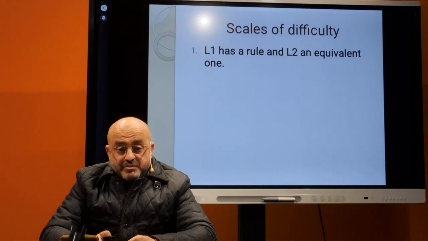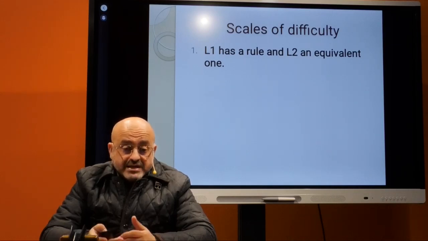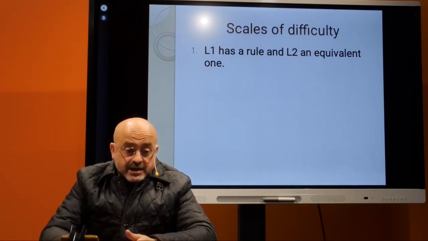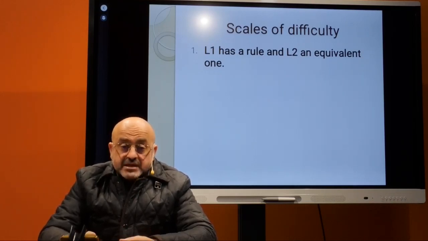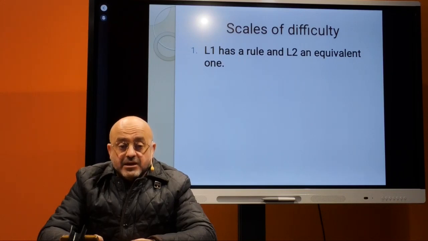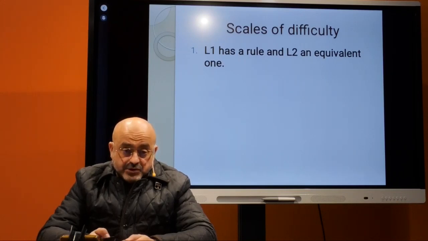Automatically we can expect, according to contrastive analysis, that if the rule exists in both the mother tongue and the target language, there will be no difficulty in learning that aspect of language.